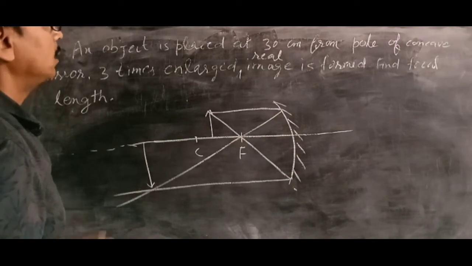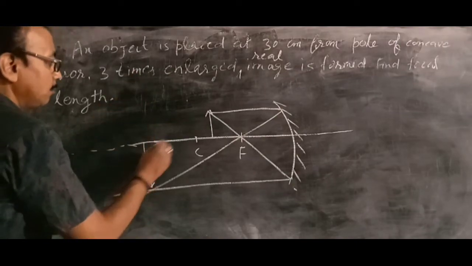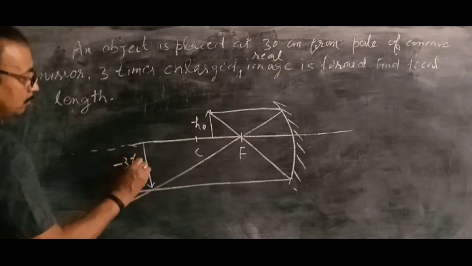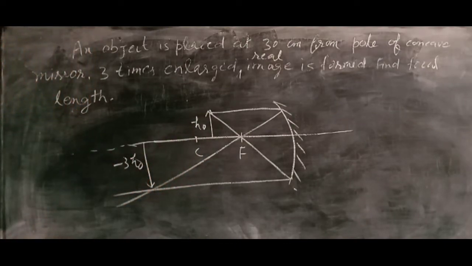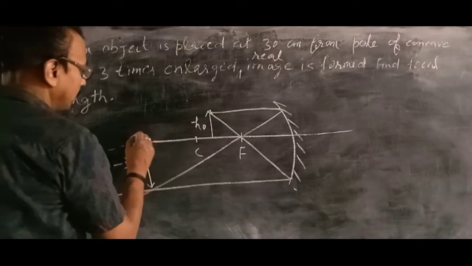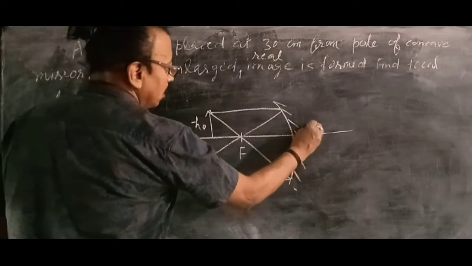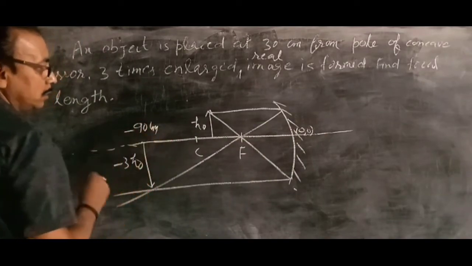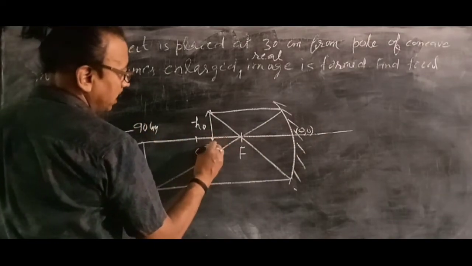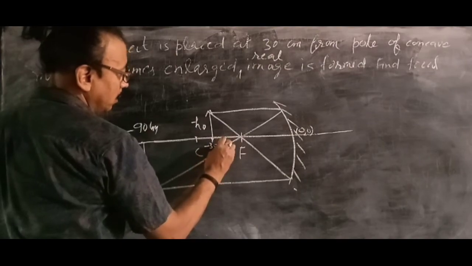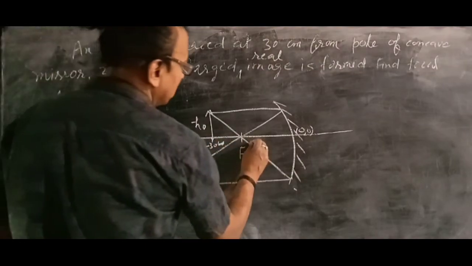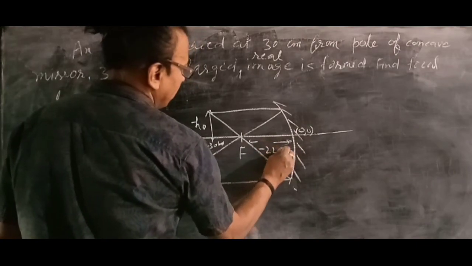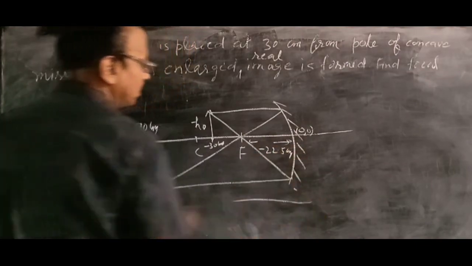Enlarged image it is given 3 times. Suppose it is HO, which is minus 3 times HO. And distance, this was minus 90 centimeter. The object distance was given minus 30 centimeter. What is focus? Focus has come to minus 22.5 centimeter. That's all about this question.